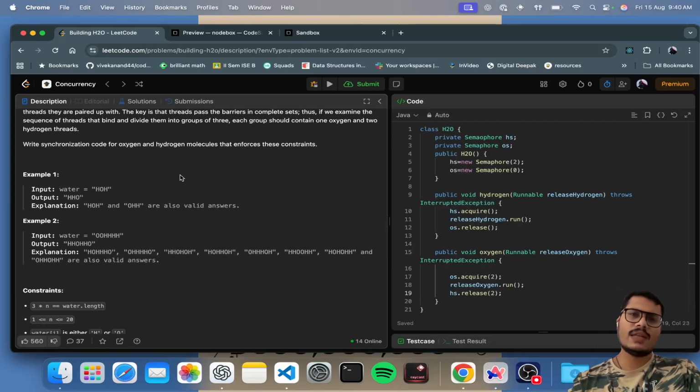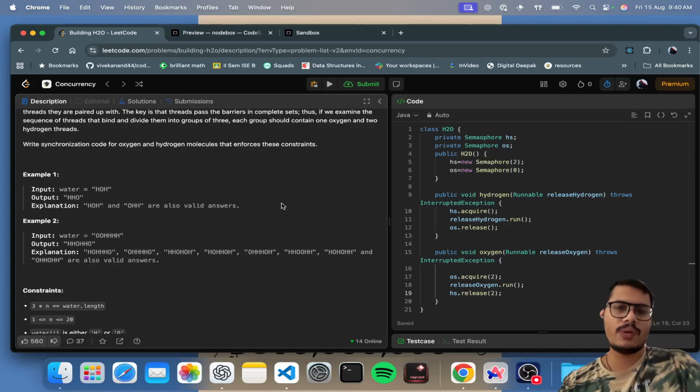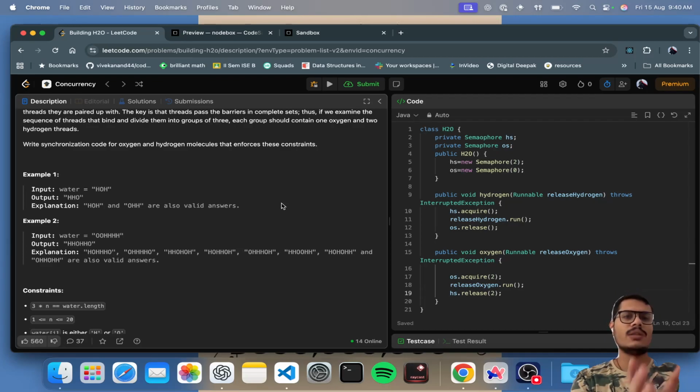You can imagine that I have infinite hydrogen and oxygen atoms popping up, but I cannot consume everything. I have a barrier and I can only consume two hydrogen and one oxygen at a single time to form a water molecule, and I can pass. I can do that in a kind of batch. So in one batch, I just need two hydrogen and one oxygen.